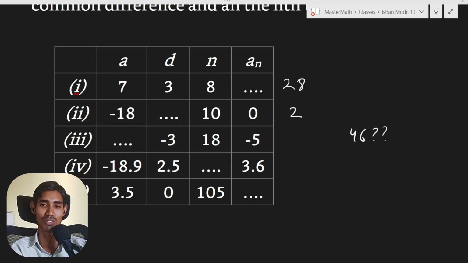The question is correct. The fifth part was correct. Lucky Mudit.